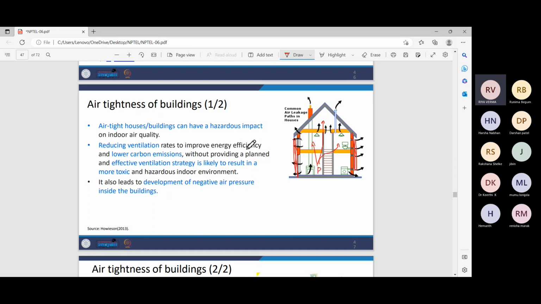But since this is not a planned strategy, it will lead to a more toxic and hazardous indoor environment. Also, it will lead to the development of negative pressure inside the building. And due to this negative air pressure, the air that was supposed to be moving outside the building will start moving inside the building. So the pollutants in the nearby region will also start entering the building.